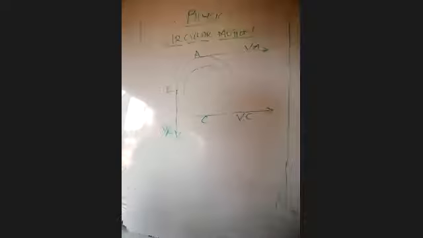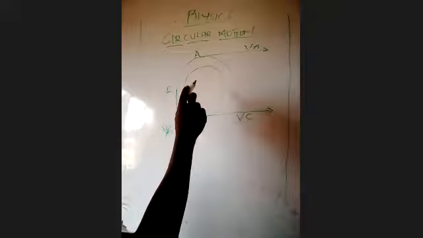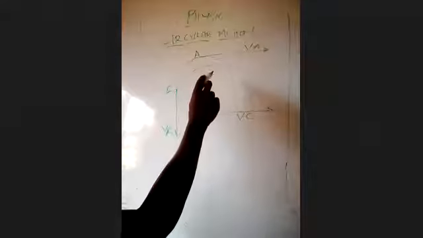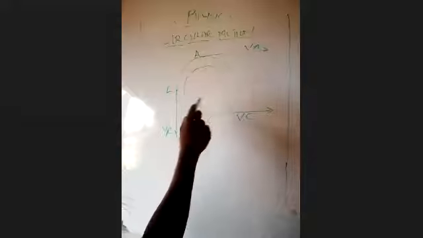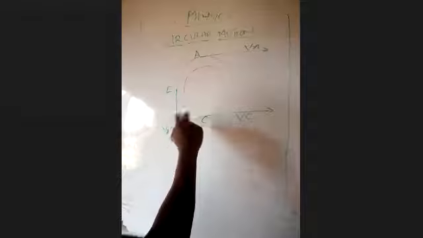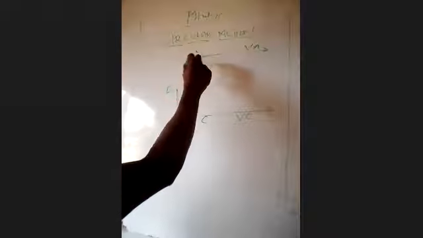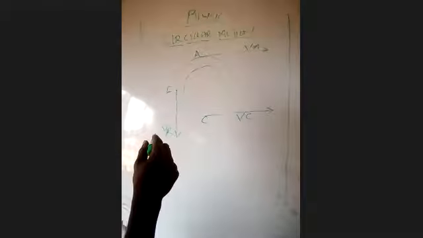Now, what am I trying to say here? When a stone is tied to the end of a rope and moved in a horizontal circular path, the direction is constantly changing as the stone moves around the circle, but the speed of the stone is constant.